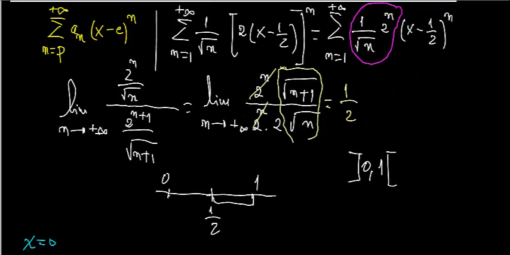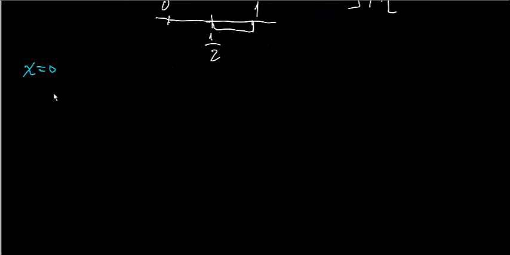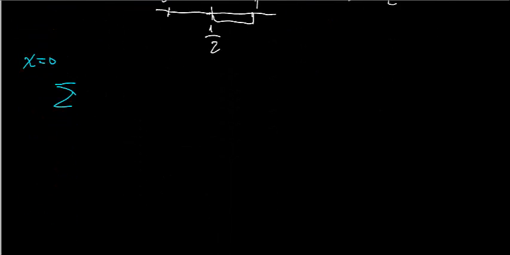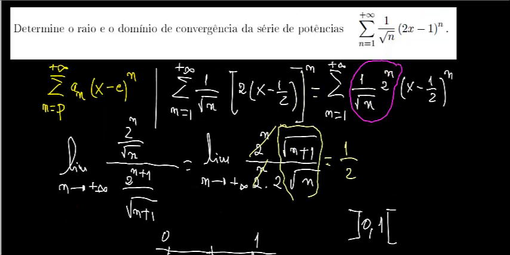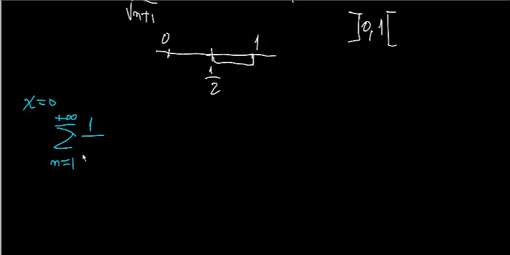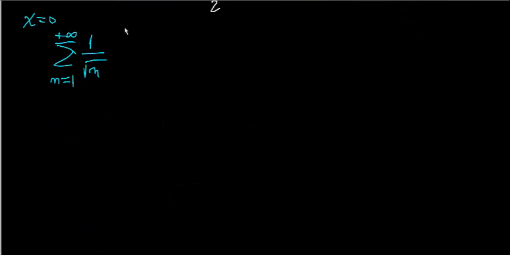When x equals 0, it is quite simple to understand that you get this numerical series, where n begins at 1 to plus infinity of 1 over square root of n times minus 1 over 2 to n, excuse me.